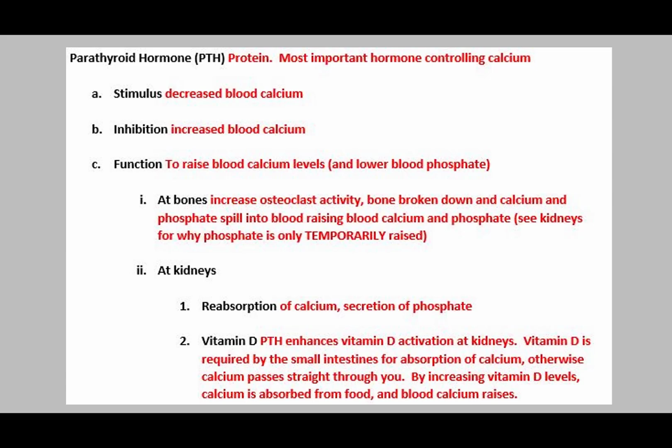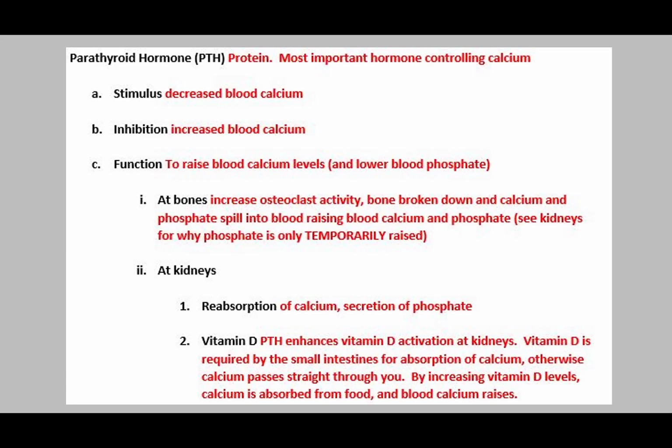When we get to the kidneys, we're going to talk about this again, but let's see why that is. Another function of parathyroid hormone is to secrete phosphate from the blood. We're taking phosphate out of the blood and putting it into the kidneys so that we can urinate it out.